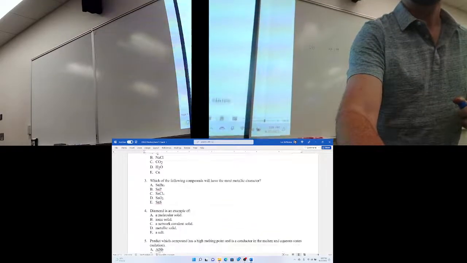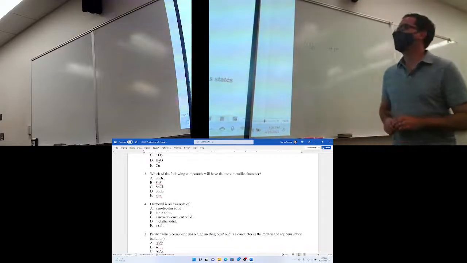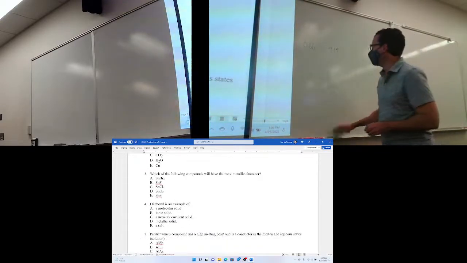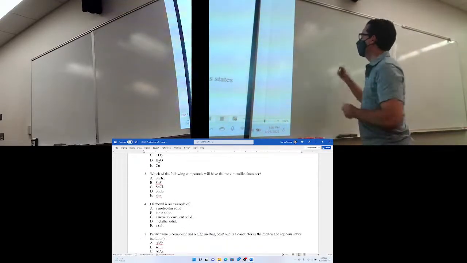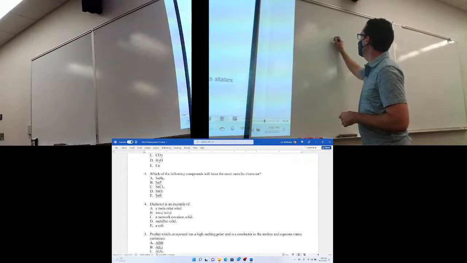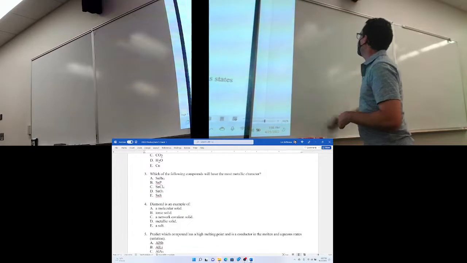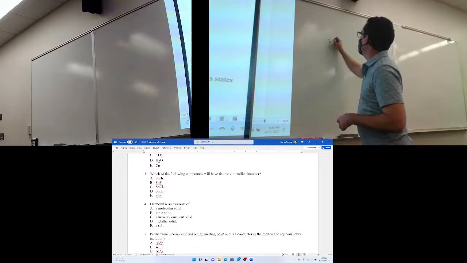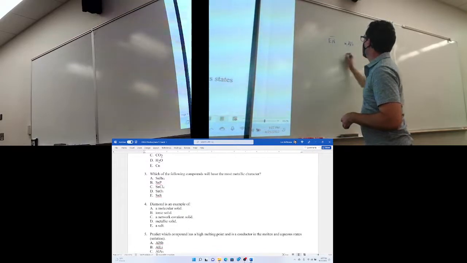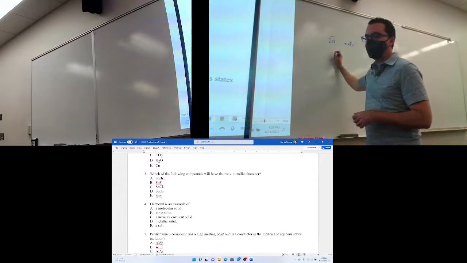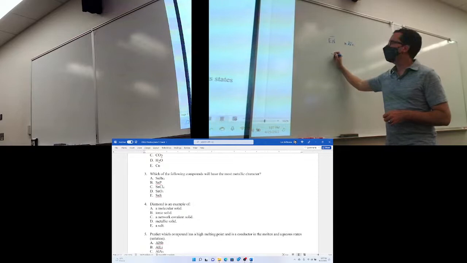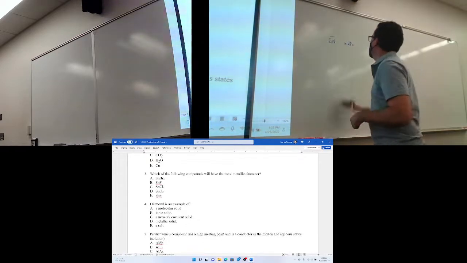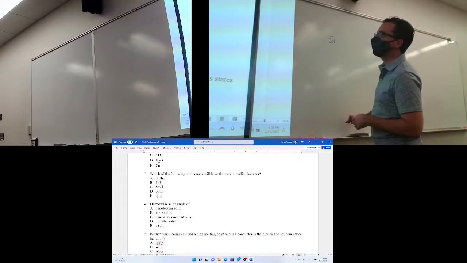So which of these has the most metallic character? For metallic, we are looking for middle of the road. Sorry, not difference. We want very middle of the road average electronegativity, but no, actually not middle, low average electronegativity, excuse me.